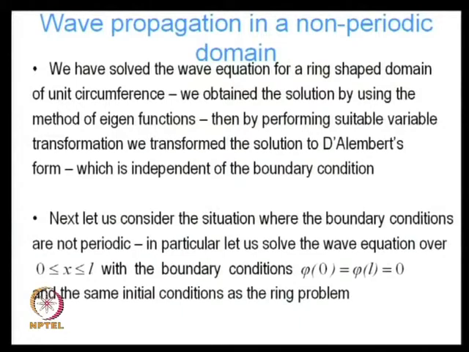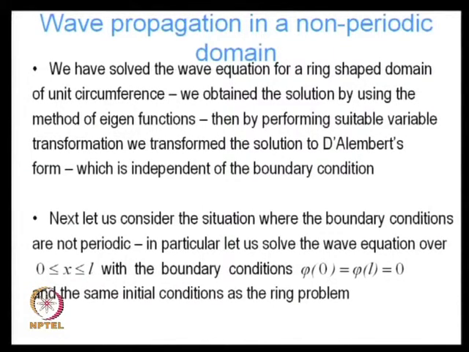So, we have solved the wave equation for a ring shaped domain of unit circumference. We obtained the solution by using the method of eigenfunctions. Then, by performing suitable variable transformations, we transformed the solution to D'Alembert form, which is independent of the boundary condition, right. So, now let us consider a situation where the boundary conditions are not periodic.